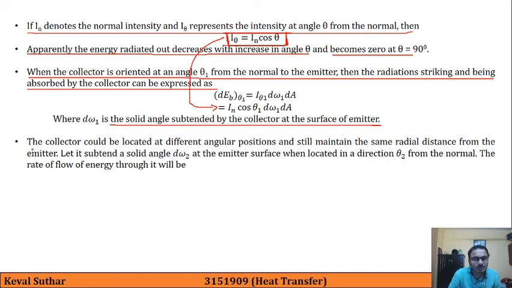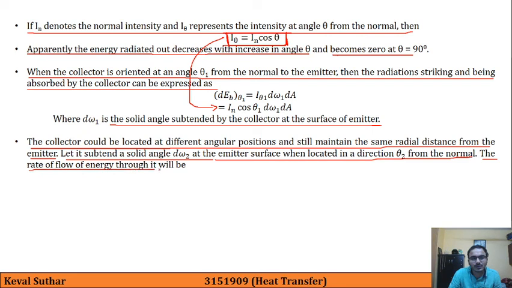Now, the collector could be located at a different angular position and still maintain the same radial distance from the emitter. So let it subtend a solid angle dW2 at the emitter surface when located in the direction theta 2 from the normal.